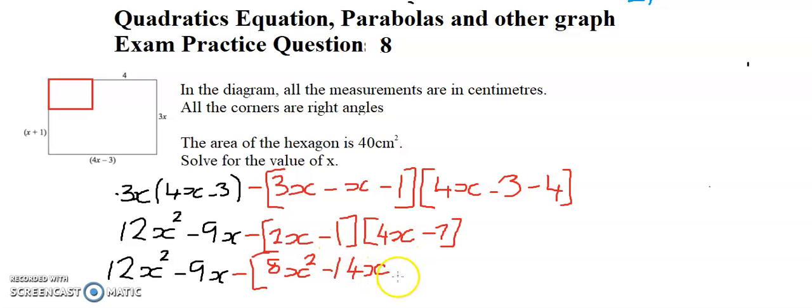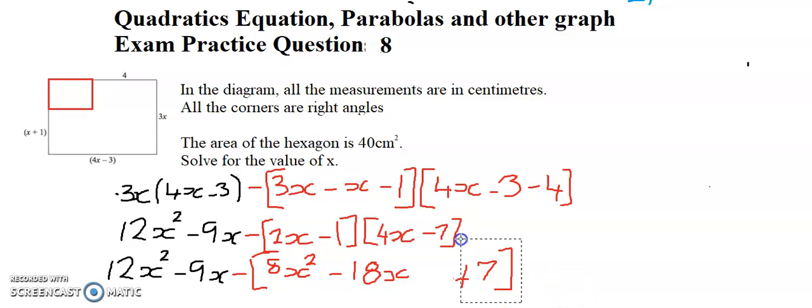Negative 1 times 4x equals negative 4x. And negative and negative is positive, 1 times 7 is 7. Straight away here I can simplify this because I know I've got negative 14x, take away 4x equals negative 18x. So negative 18x.